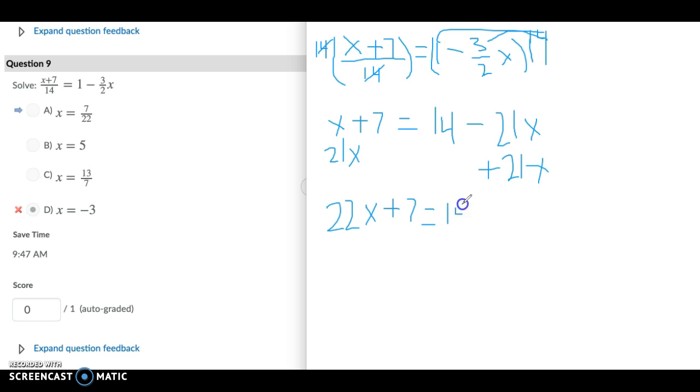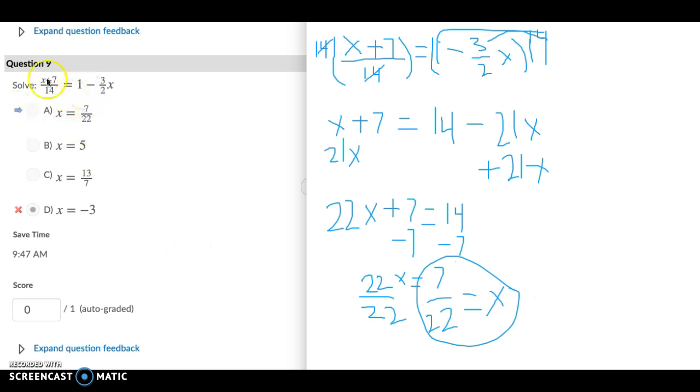I'm going to subtract 7, 22x equals 7. Last step is to divide by 22. Divide by 22. So x equals 7/22. This one right here.